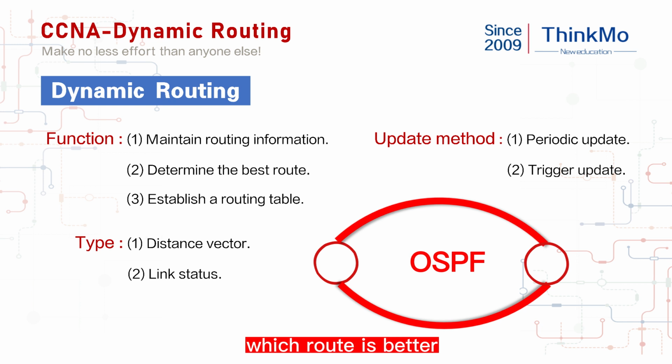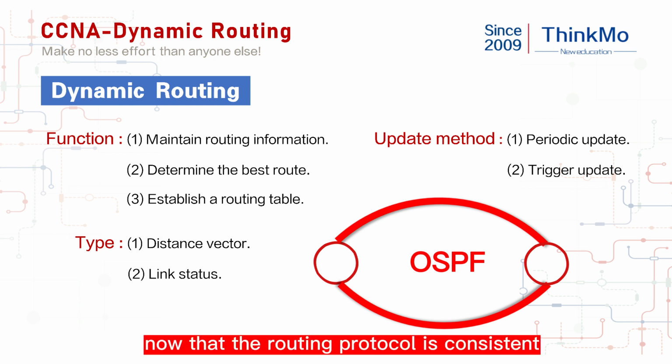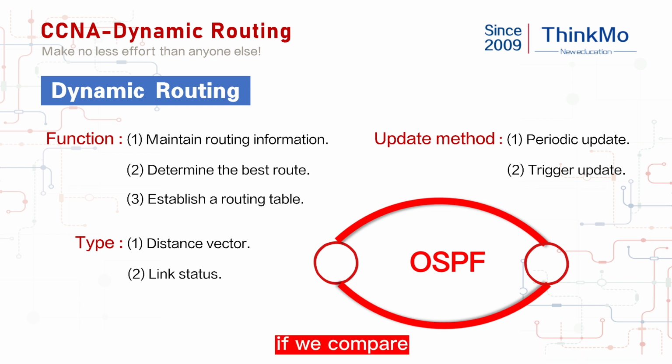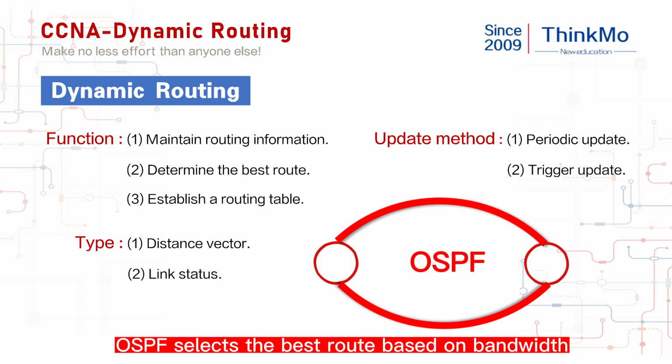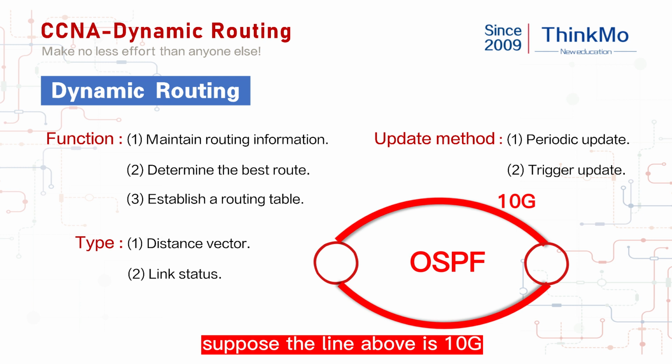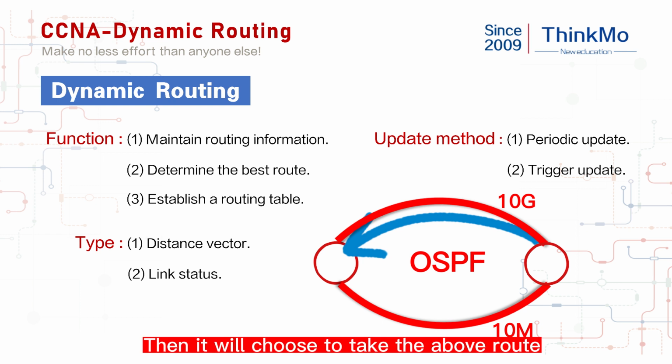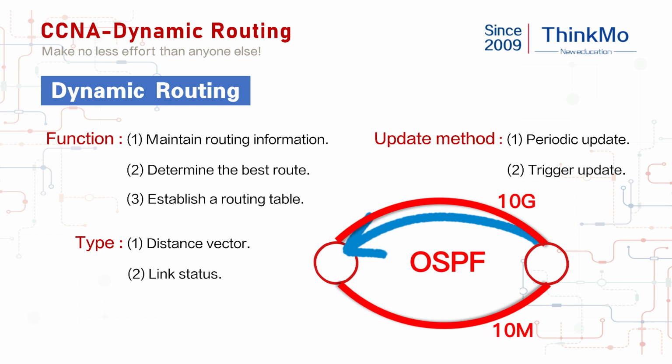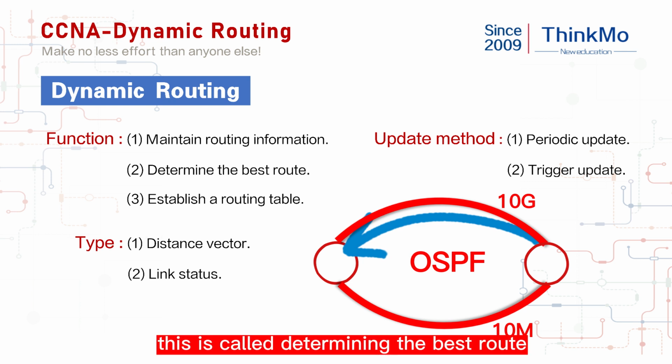Which route is better? Now that the routing protocol is consistent, the administrative distance is definitely the same. If we compare, we'll only compare routing metrics, and this value is calculated differently by each protocol. OSPF selects the best route based on bandwidth. Suppose the line above is 10 G and the line below is 10 M. Then it will choose the above route, because the upper bandwidth is larger. This is called determining the best route.